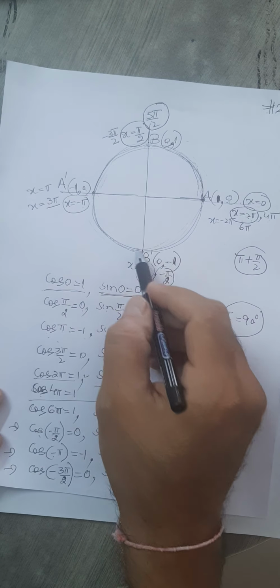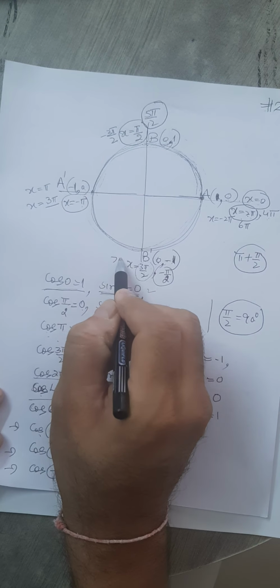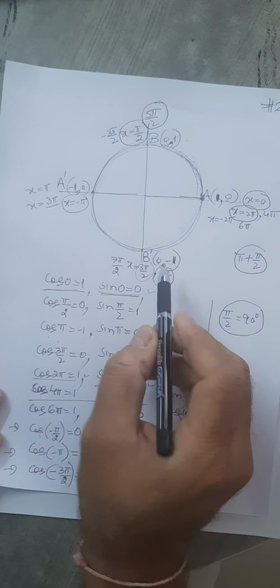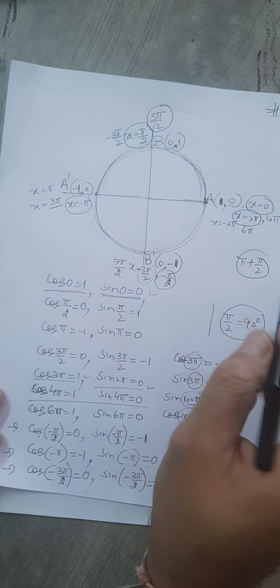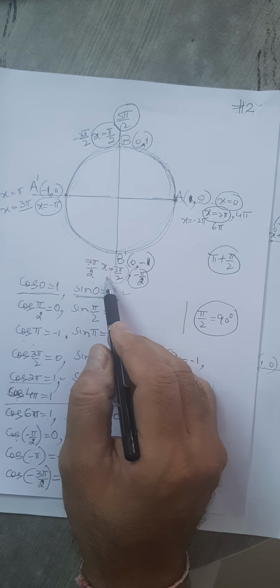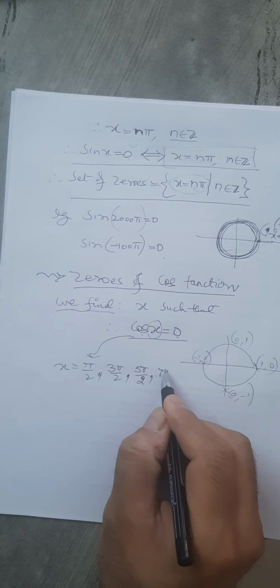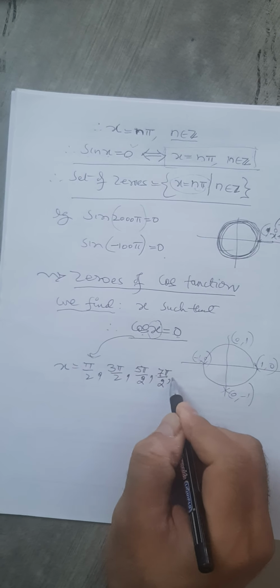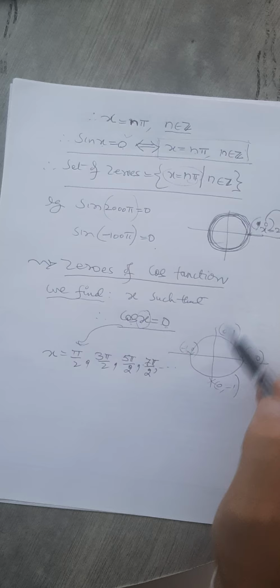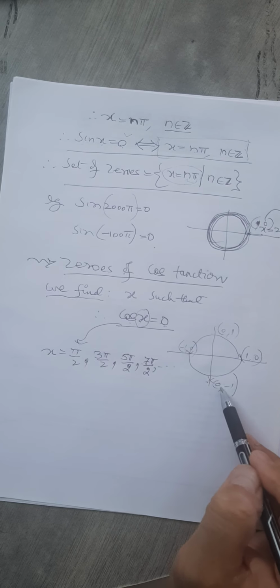Further, if you continue, you know that here it becomes 7 pi by 2, after one rotation, remember. So x equals 7 pi by 2 means this point. Here the first coordinate is 0.